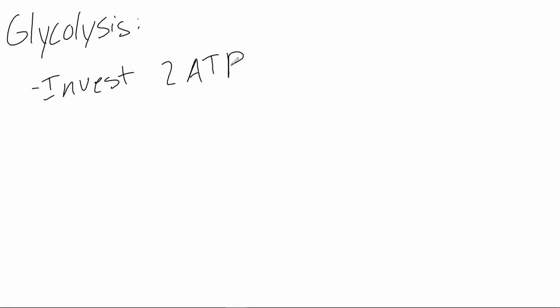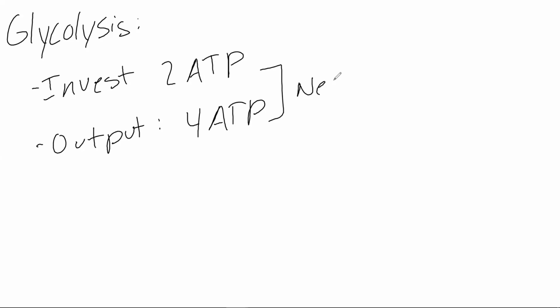So in order to perform glycolysis, you actually need to spend some energy, but what you get out of it is 4 ATP, meaning your net total is only 2 ATP. Right? Does that make sense? Yes.